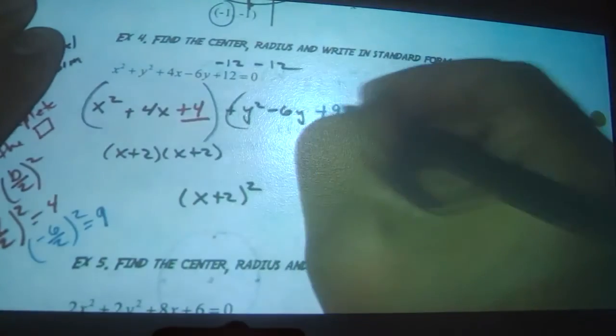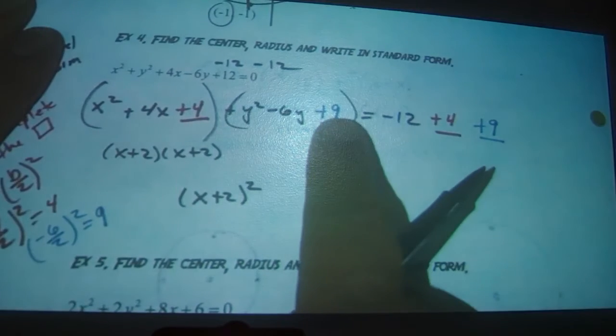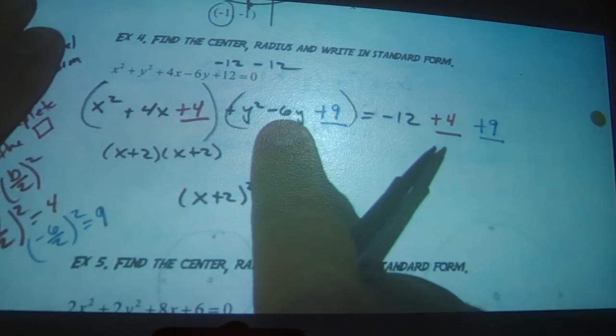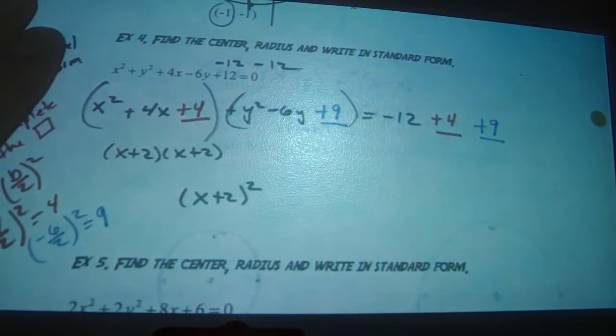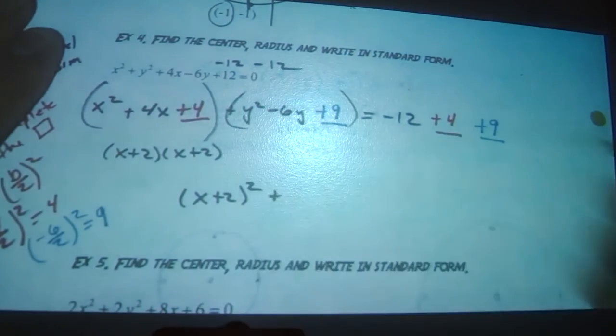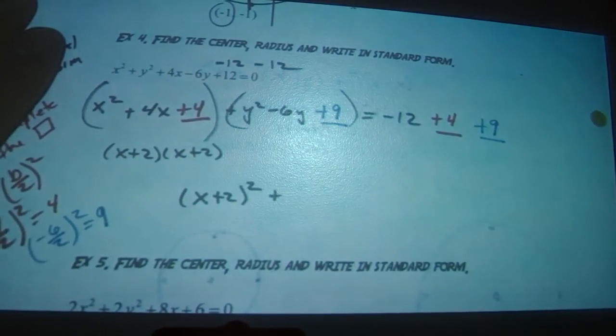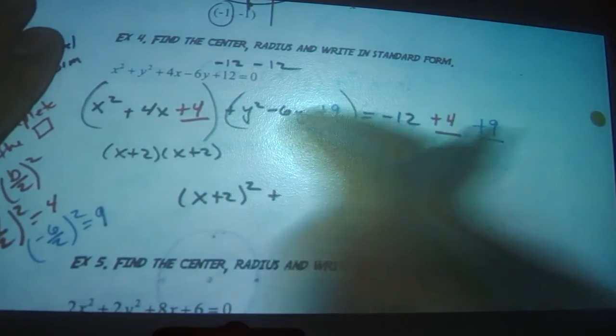We do it again. We group these two together. What are factors of positive 9 that add up to negative 6? What do you get on that one?